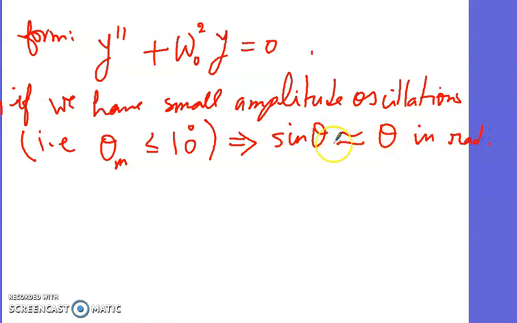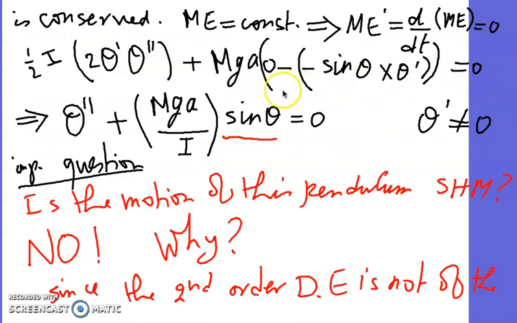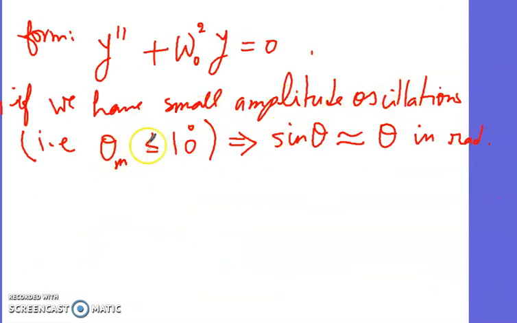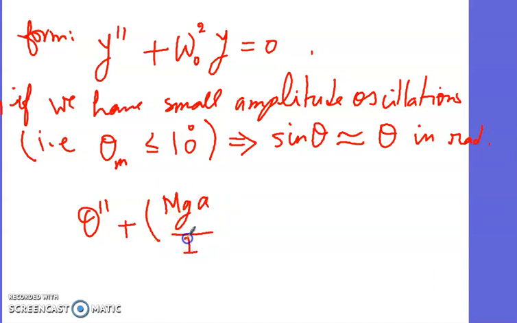Ask your mathematics teacher or physics teacher about this. Clear? So replace here in this equation sine theta by theta. So what do we get? We get this. Theta double prime plus mgA over I theta equal to 0.